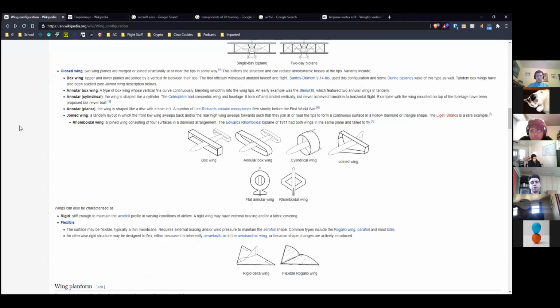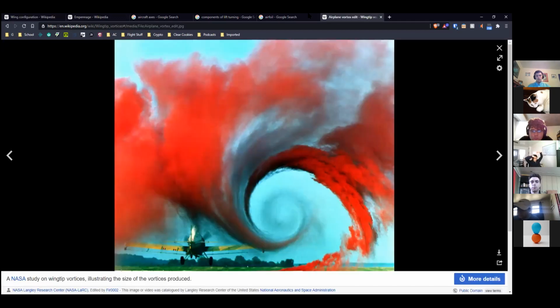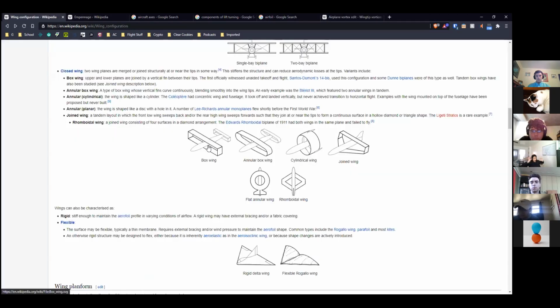It's going to talk about winglets later, but one way of dealing with that basically is not having a tip to your wing. If the wing just goes all the way around, then the high pressure on the bottom has a much harder time reaching the low pressure on the top.